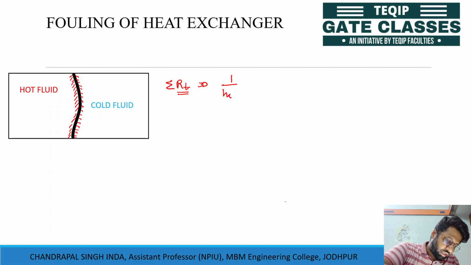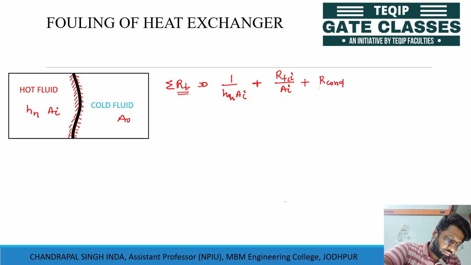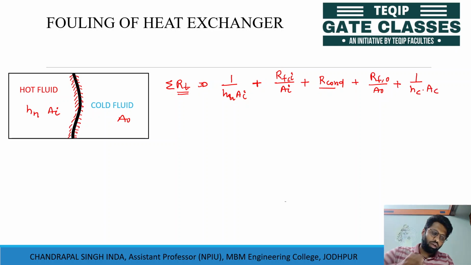1 upon h_h A_i, this is h_h and A_i, at the inner side, plus R fouling at the inner side and area A_i, plus R conduction, plus R fouling at the outer side and area A_o, plus 1 upon h_c and A_o, the outer side.